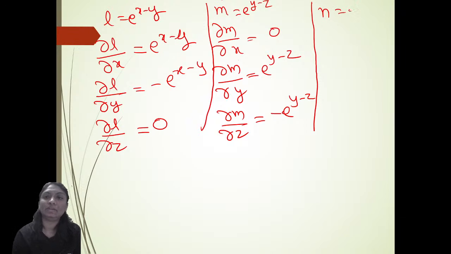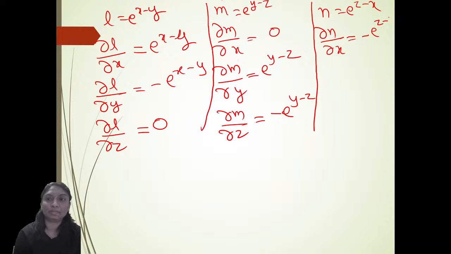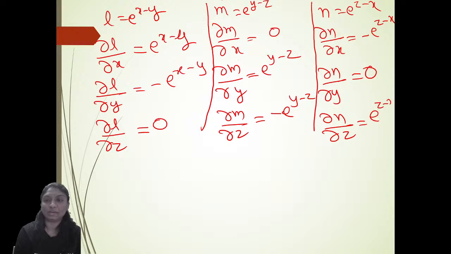And n is equal to e raised to z minus x. So you will get ∂n/∂x is equal to minus e raised to z minus x, ∂n/∂y is equal to 0, and ∂n/∂z is equal to e raised to z minus x.